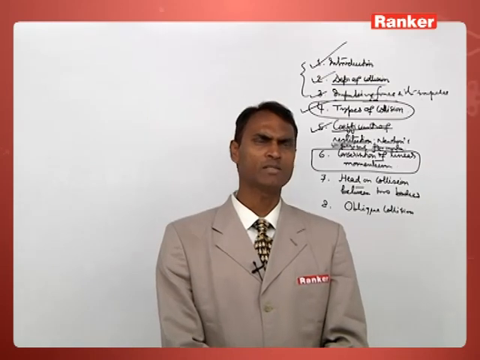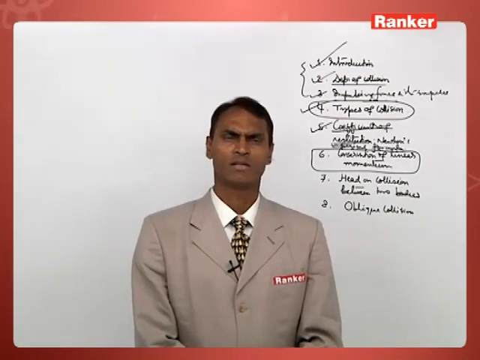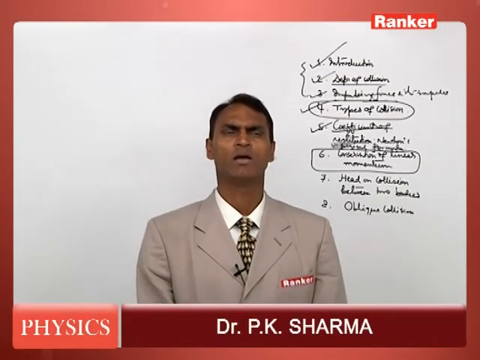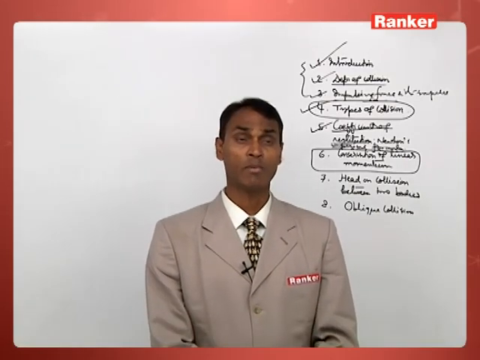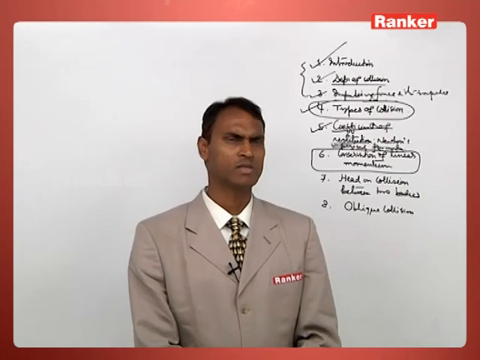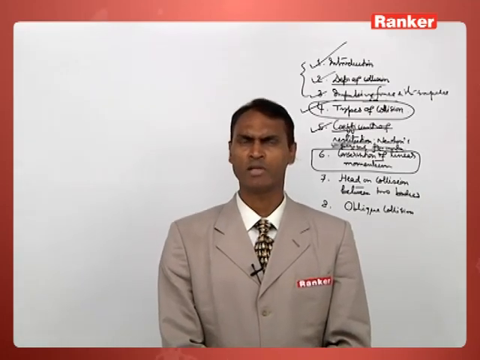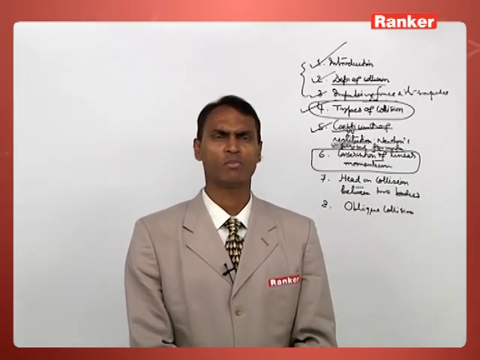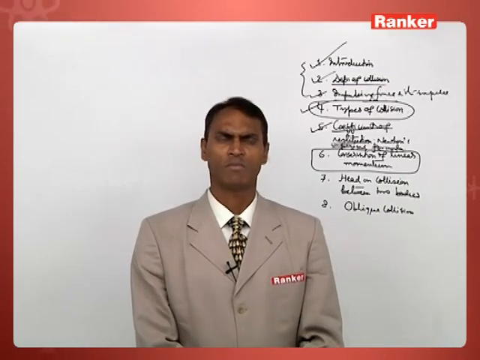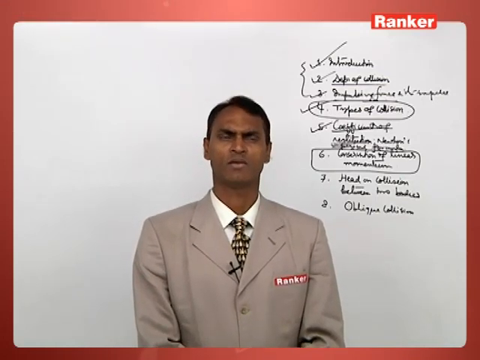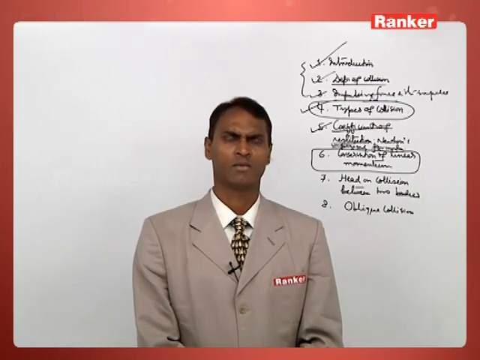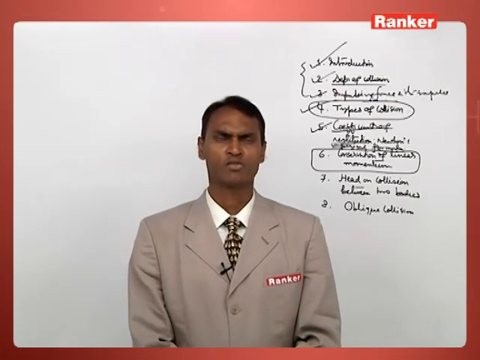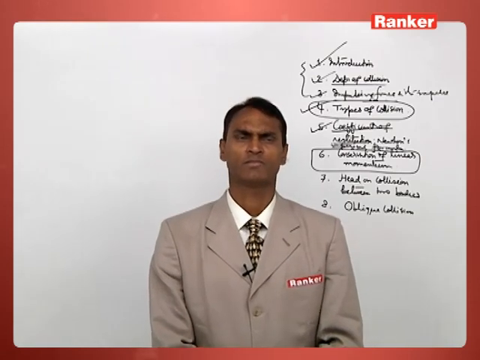Just after the collision, the ball will get a velocity of separation equal to half of the velocity of approach, because the coefficient of restitution is 0.5. Once you have the velocity just after the collision, v by 2, the height will be v square by 2g, it's not h.